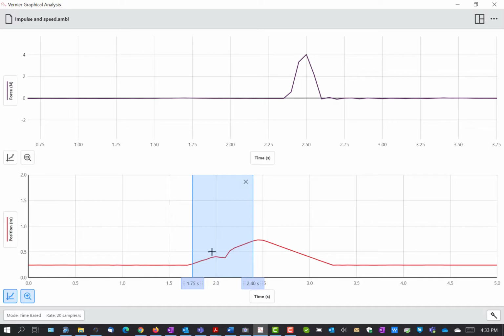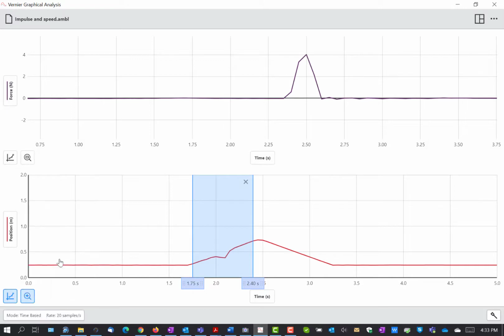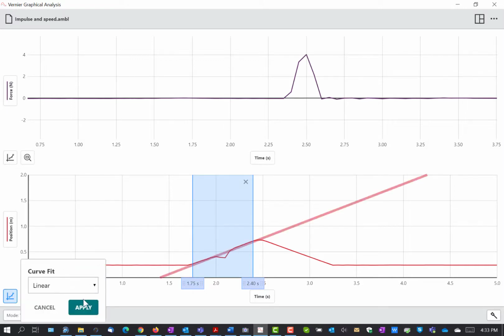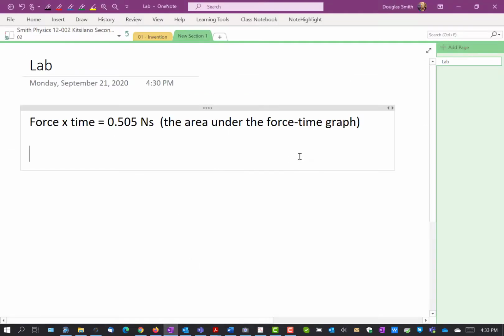If we get the slope of this line, we'll know the speed that it was going before it hit, and then we could also get the speed after it hit. So I'm going to use the curve fit, and it's linear, so I'm going to go OK. And y equals mx plus b, it tells me the slope is 0.7015. So that's the speed before the collision.